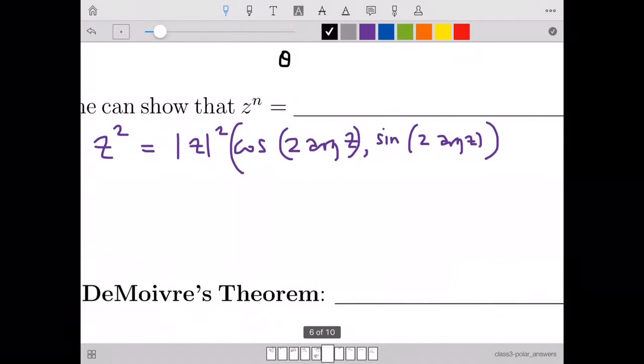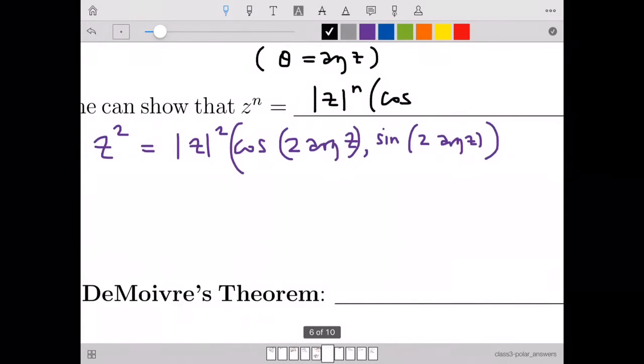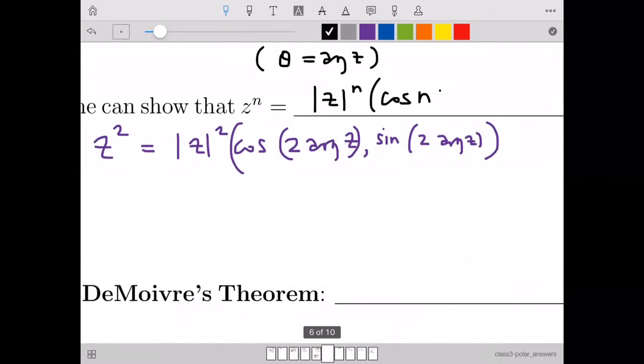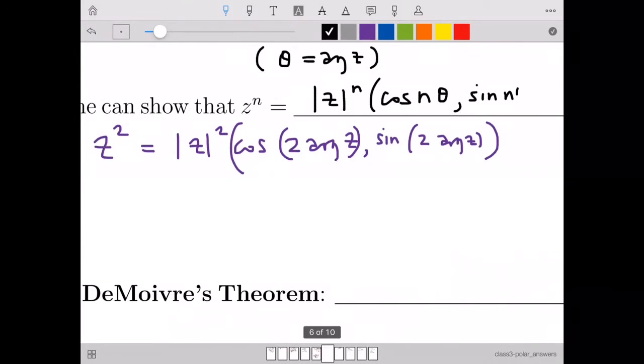If theta is an argument of z, then z to the n is absolute value z to the n times (cosine n theta, comma, sine n theta).